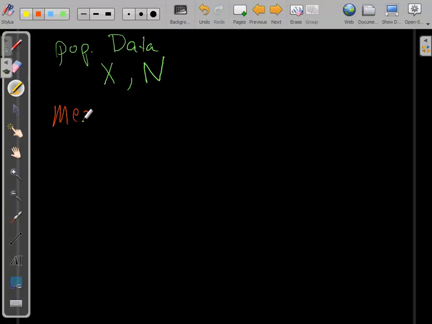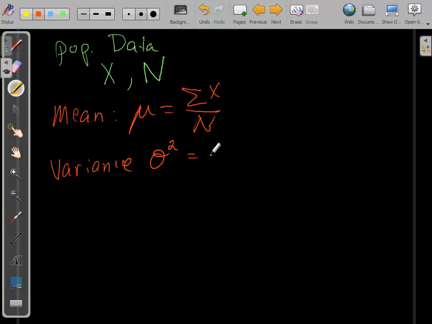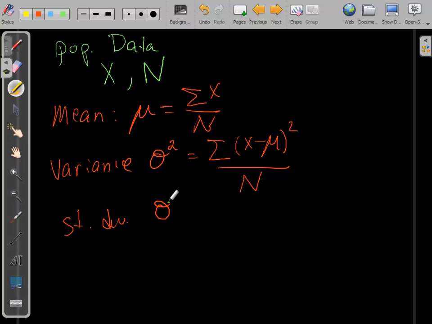We write the mean with the Greek lowercase mu, which is equal to the sum of the scores divided by capital N. We write the variance with the Greek lowercase sigma squared, and that's equal to the sum of these deviations squared divided by N. And we write the standard deviation with just the sigma, not squared, but just sigma, and it's equal to the square root of the sum all over N.